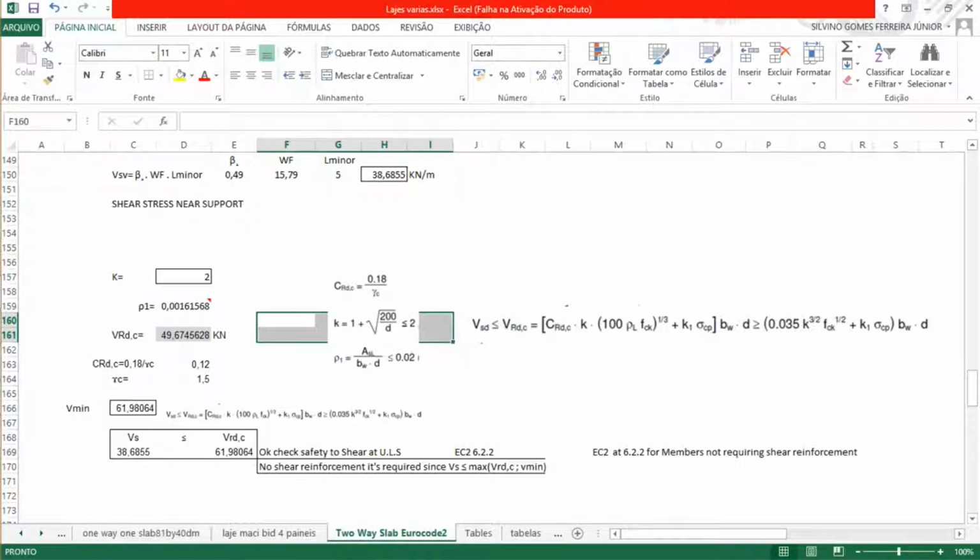Okay, on the Eurocode we can see the K will be given by this expression, and the D will be in millimeters, and it has to be smaller or equal to 2.